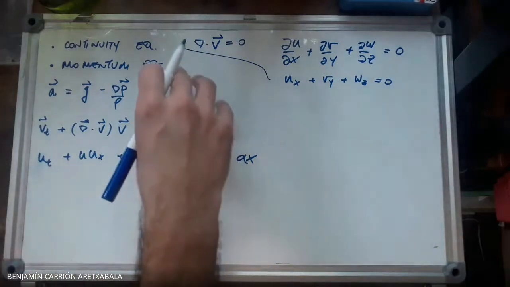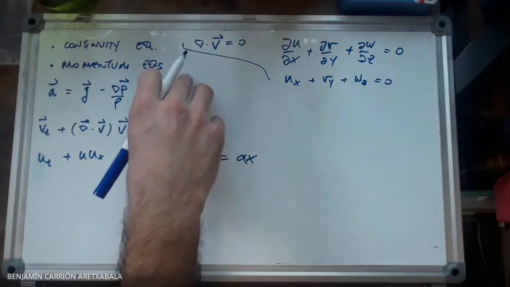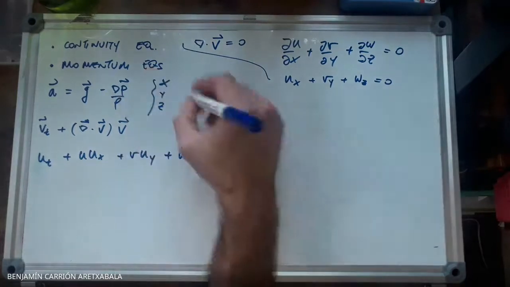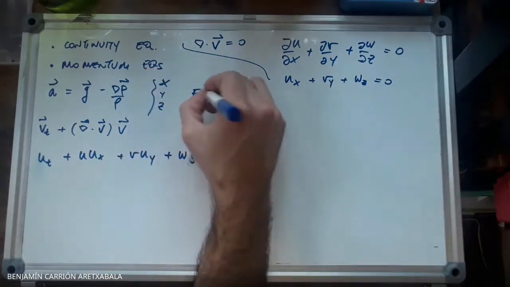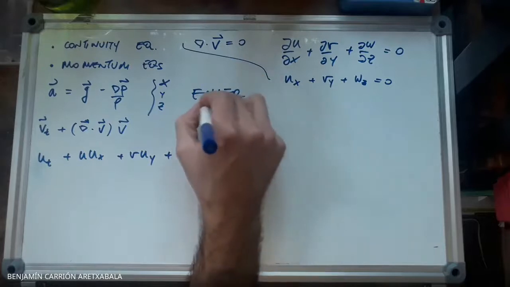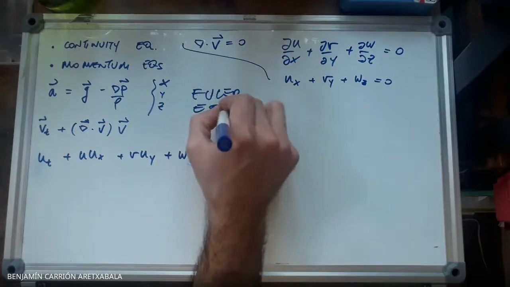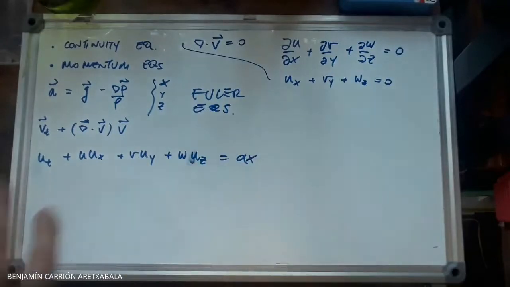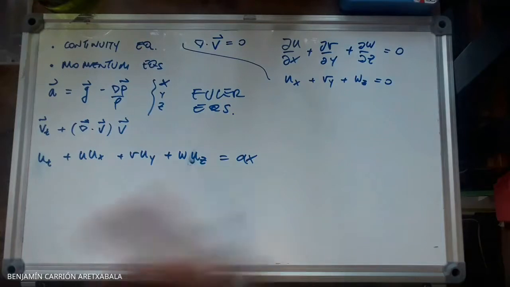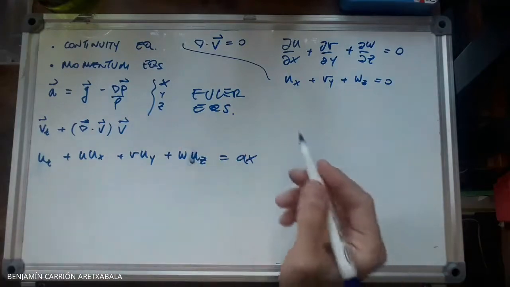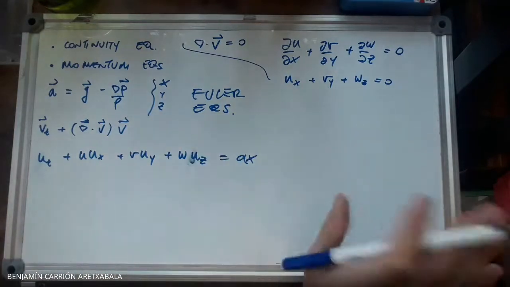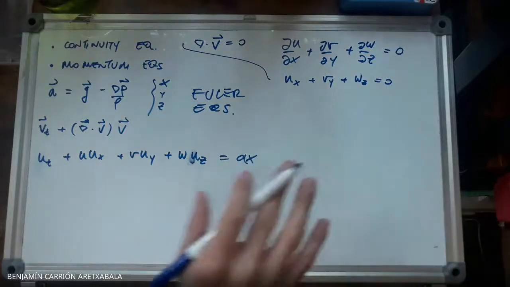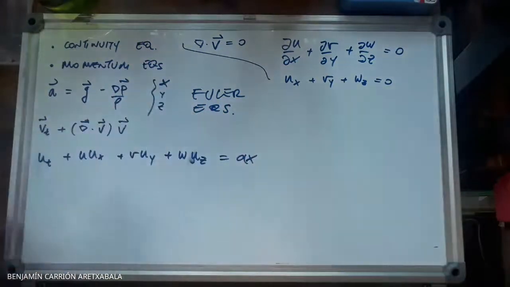Okay, and from these momentum equations, which are called Euler equations, which don't include viscosity, you could integrate the Euler equations along one streamline, and then you get to the Bernoulli equation. I'm not going to write that down now, but that's more or less what we saw last time.